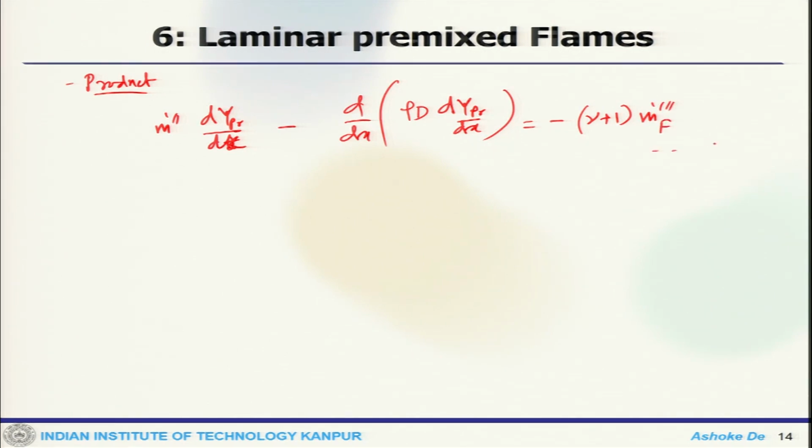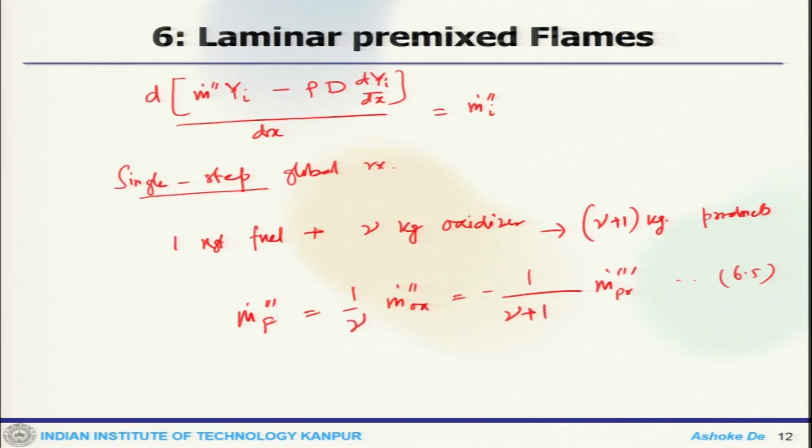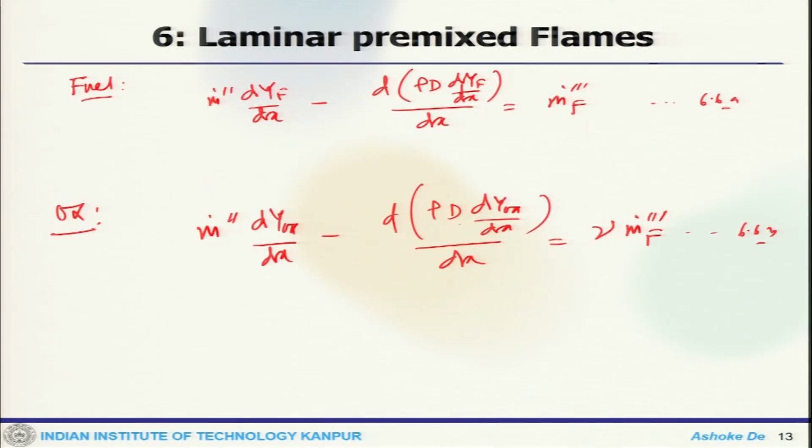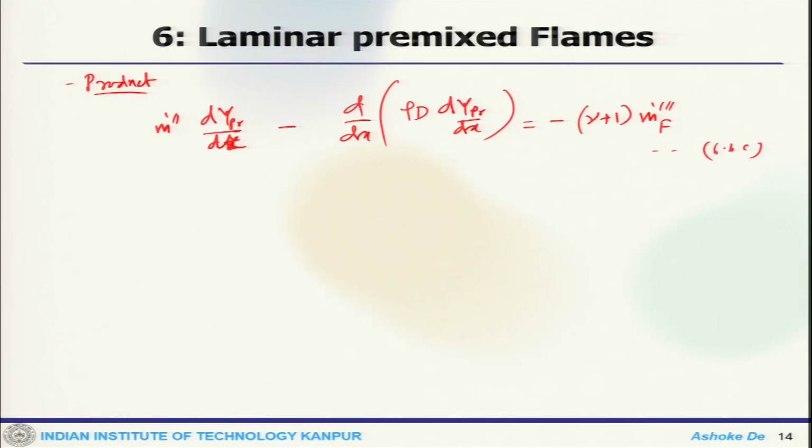So, everything is written in terms of m dot f. That means, if we know one of the mass flow rates, whether it is fuel or oxidizer, we can find out the rest. So, we got species mass conservation equations in terms of individual species like fuel, oxidizer and product.